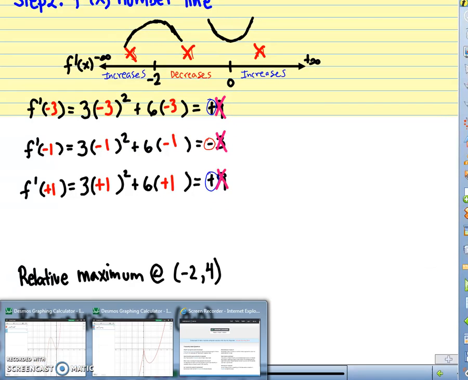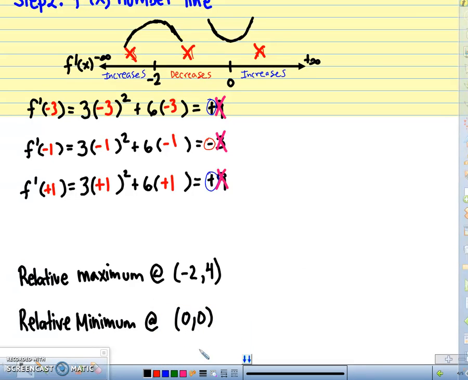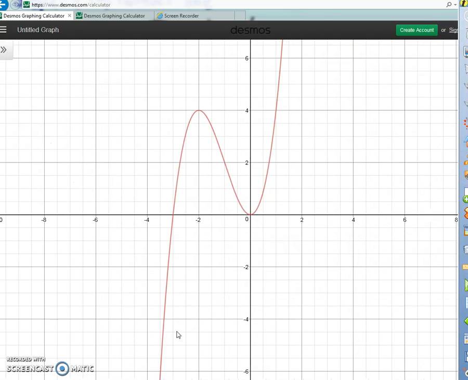Okay? So relative maximum at negative 2, 4, relative minimum at 0, 0. And thanks to Desmos, we can easily see what the graph looks like. And there they are.